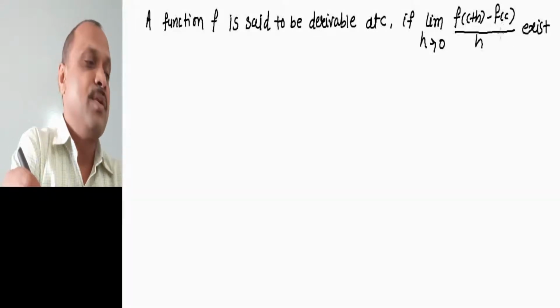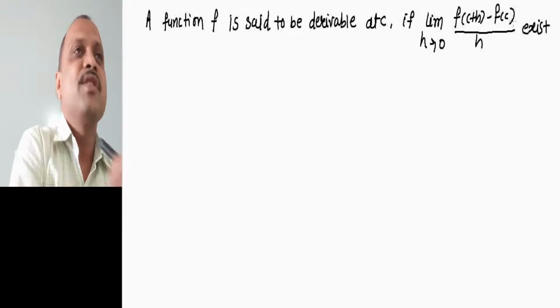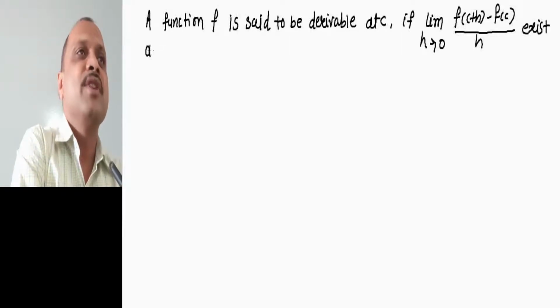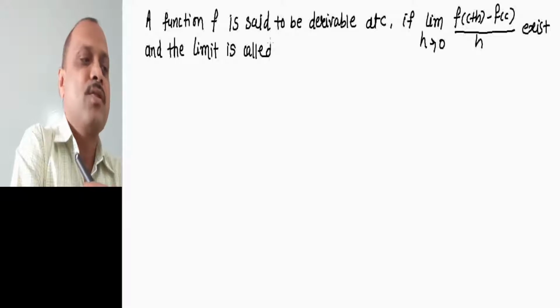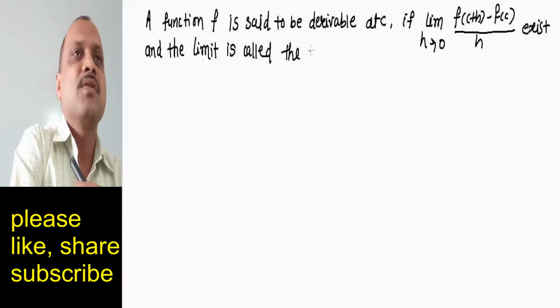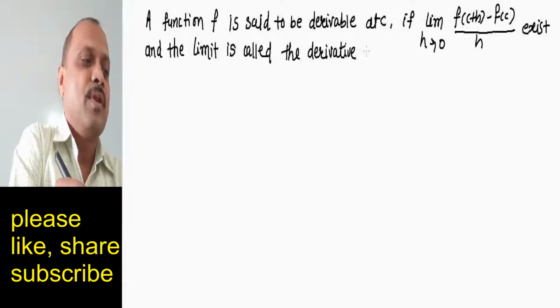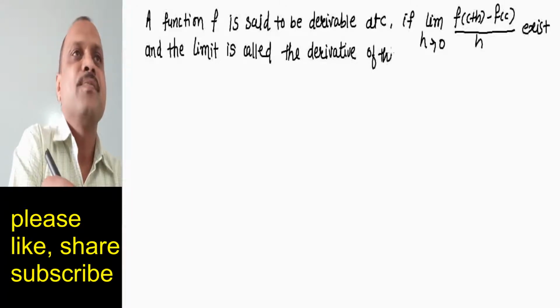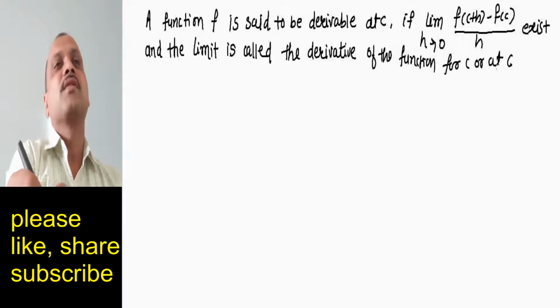If this ratio exists, this limit is called the derivative of the function for c, or at c.